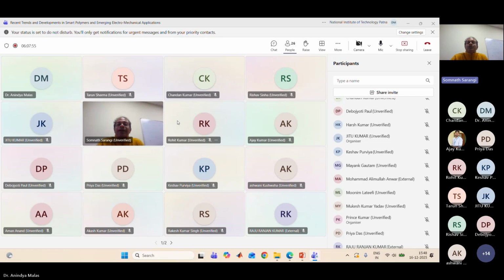Actually, sir, let me conclude this way, that this workshop is a scientific social responsibility effort. That means we are supposed to convey our message of this field to the students, the researchers, faculty members, and whoever is interested.